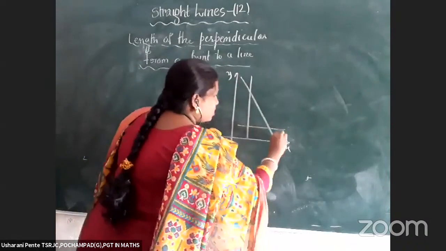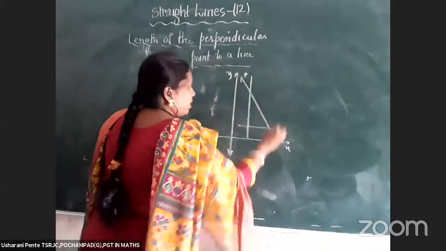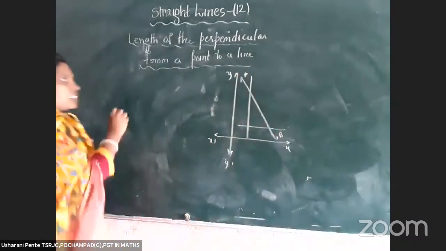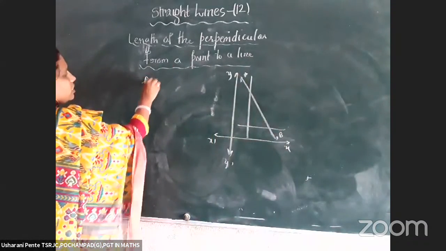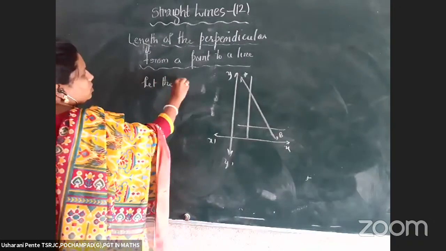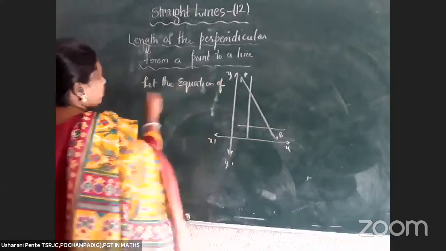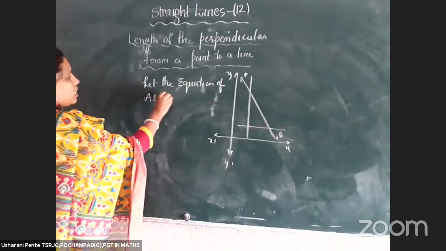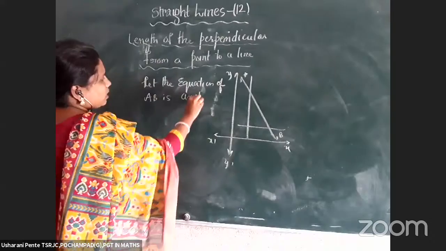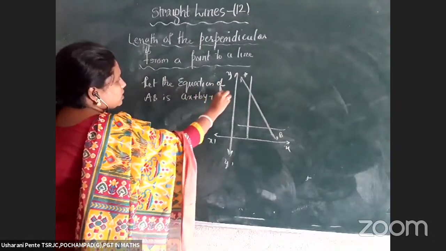They have given us a straight line, that is AB is a straight line. Let the equation of AB be ax plus by plus c is equal to 0.